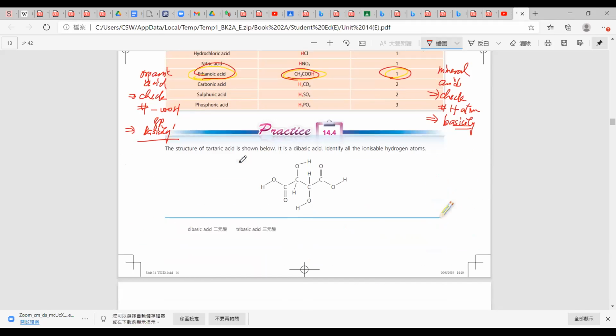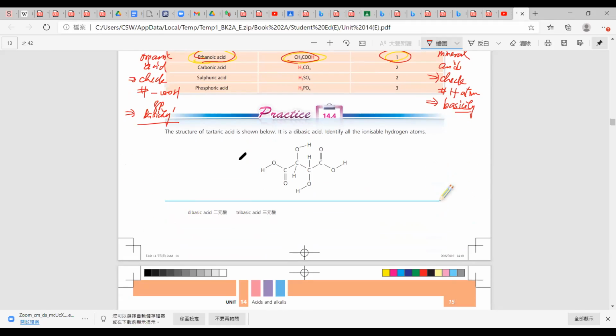Now, I'll give you this one. Circle it for me. Which hydrogen atoms are ionizable? We call that tartaric acid. Now we've got another acid, right? Tartaric acid is an organic acid.